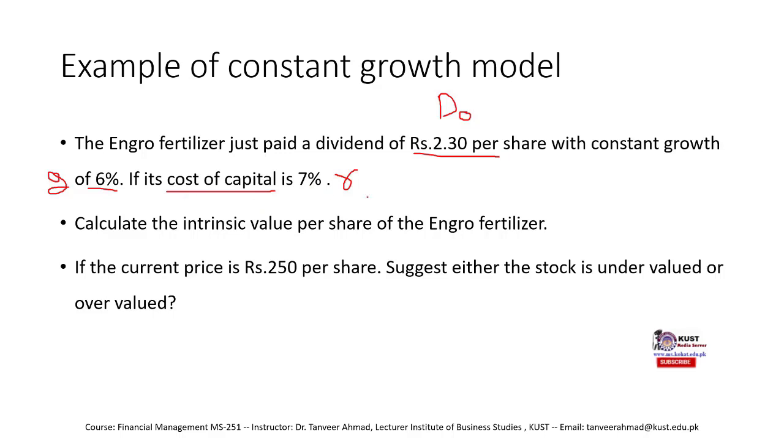So what we need to do with this example is find the intrinsic value for the agro fertilizer, and then make a decision whether that stock is undervalued or overvalued, and based on this understanding of over and undervaluation, we would either buy it or sell it. So let's move towards the solution.